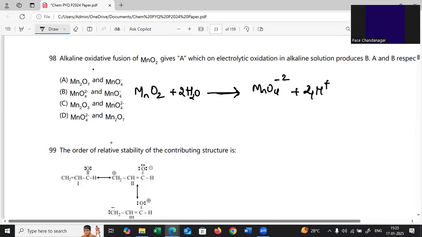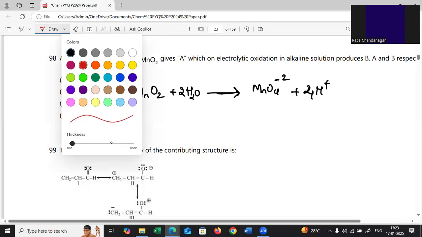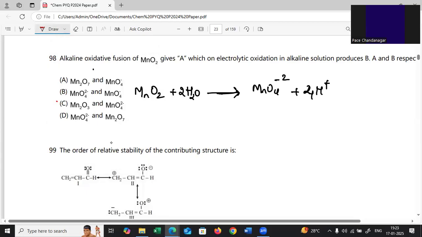Now you have H, so sorry, this is plus 4 and minus 2 here. And it is not balanced. One second, bache. MnO2, Mn, where did it go wrong?